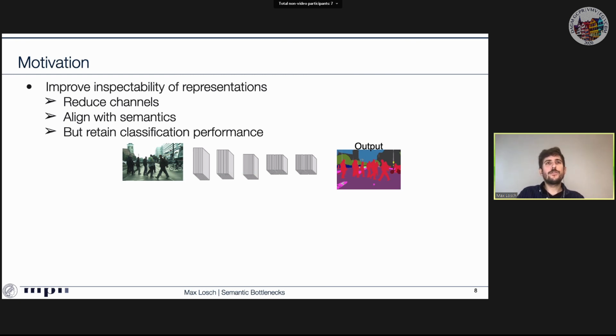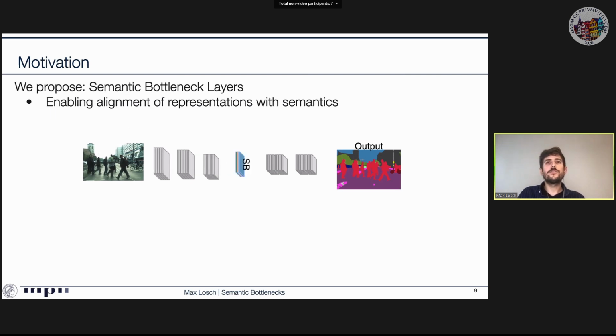Given these 3 goals, we propose the use of semantic bottleneck layers. That is, very simple linear layers that we can integrate into any kind of architecture and model, either pre-trained or not pre-trained, and that enables the alignment with semantics and also heavily reduces the number of used channels.